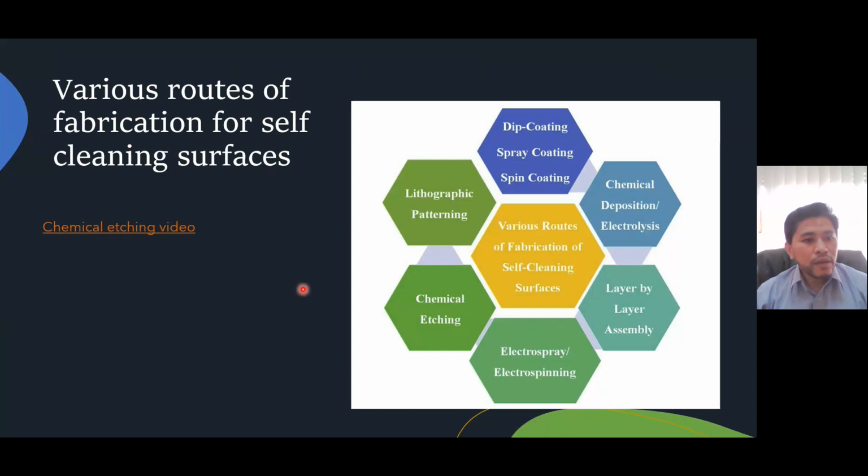So in the figure here, we can see various routes of fabrication for self-cleaning surfaces. So we have dip coating, spray coating, and spin coating.